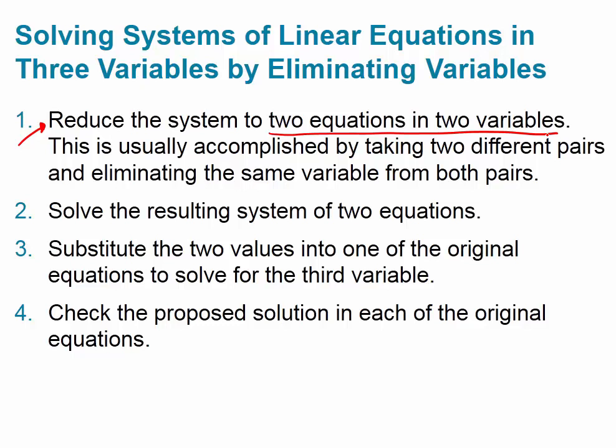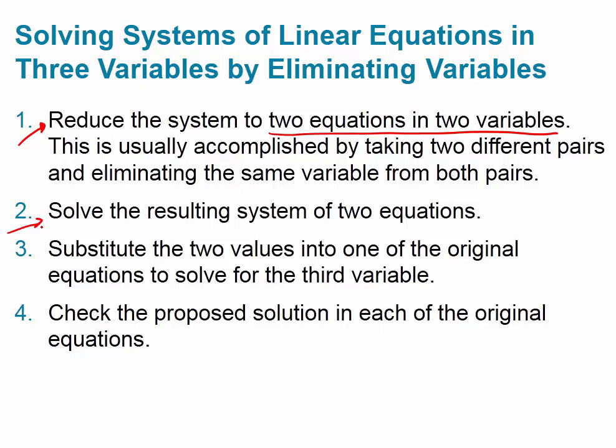And so the way we usually accomplish this is by taking two different pairs in our system of three equations. We take two different pairs and eliminate the same variable from both pairs of equations. When we eliminate the same variable in both pairs of equations, then we end up with a system of two equations, two unknowns, and then we solve using the same techniques we had before, either elimination or substitution.